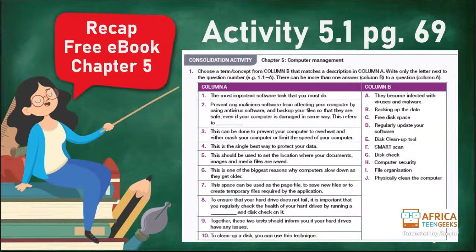Right, and then number 3, this can be done to prevent your computer to overheat and either crash your computer or limit the speed of your computer. What is it?